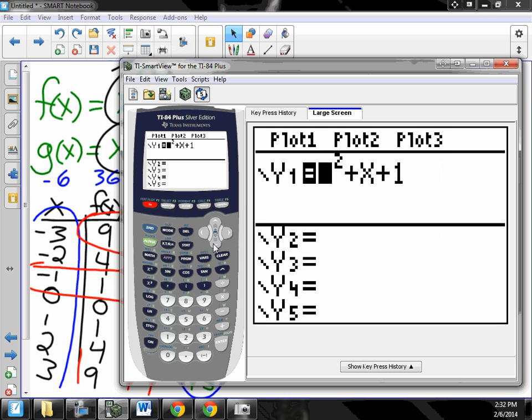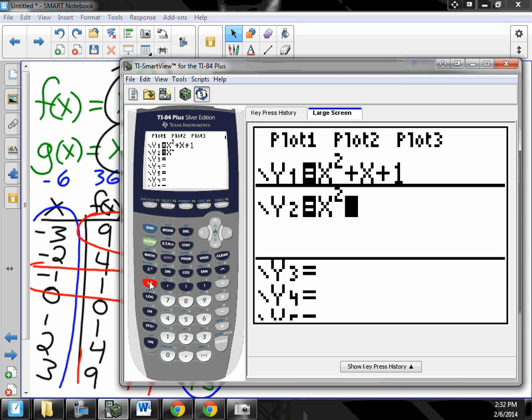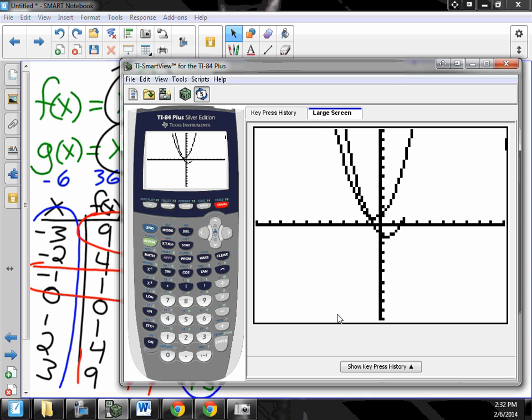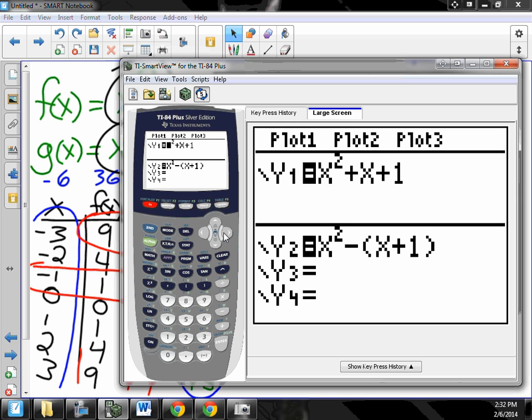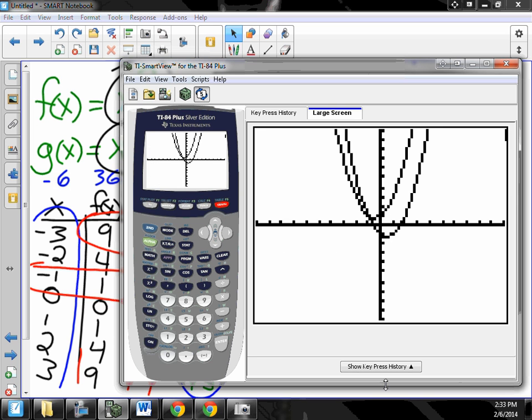So now I'm going to graph x squared, and I'm going to subtract, and I have to subtract the whole thing, so I'll put it in parentheses, x plus 1. And then if I graph the original, it should be right in the middle of these two. So those should be 3 parabolas right in a row.